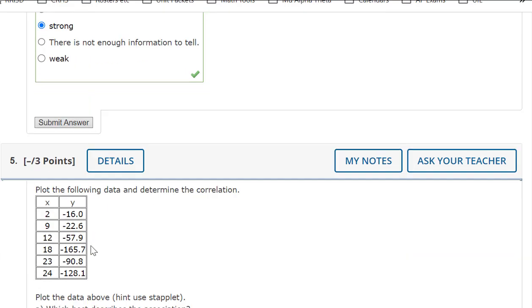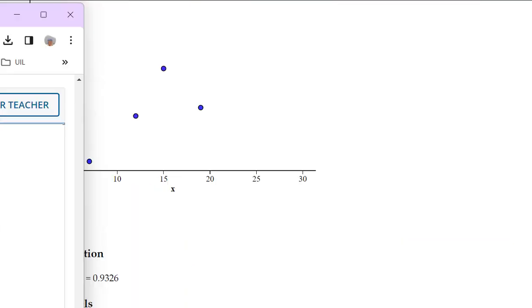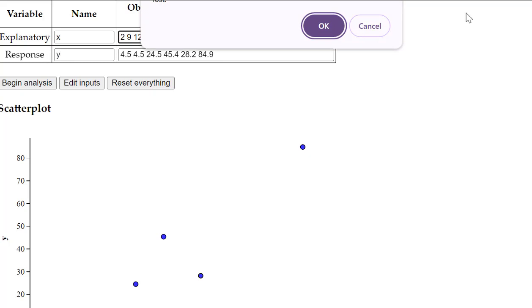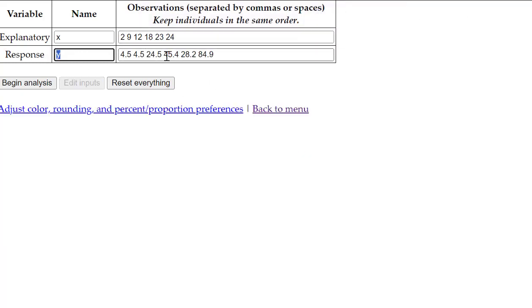All right, I've got another set of data to plot, so I'm going to pull this aside again and delete the data. So I've got 2, oh, looks like it's the same, 9, 12, 18, 23, and 24. Yes, I want to edit. It says, are you sure? Yes. And so we got negative 16, negative 22.6, negative 57.9, negative 165.7, negative 90.8, and negative 128.1.